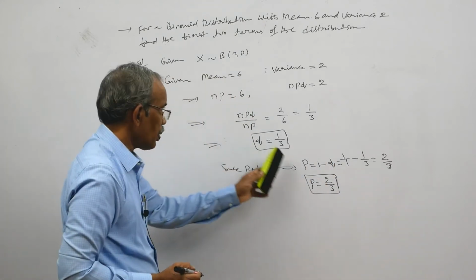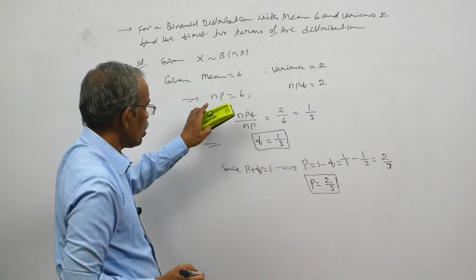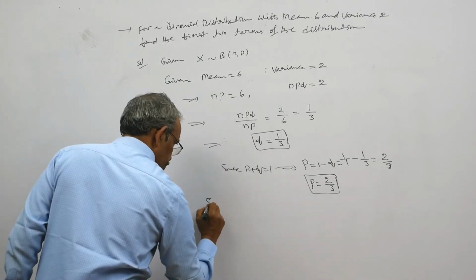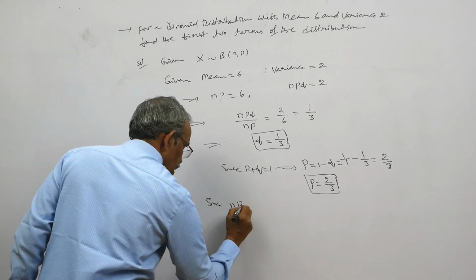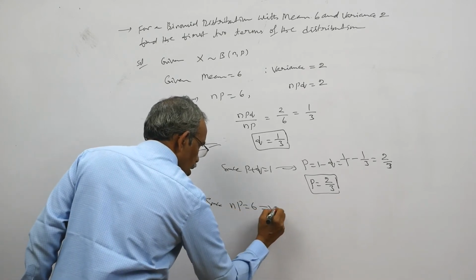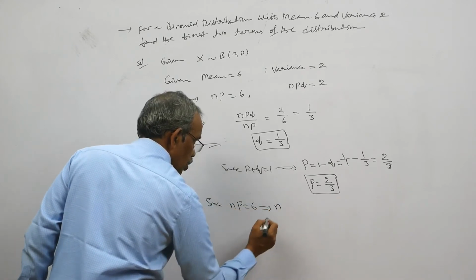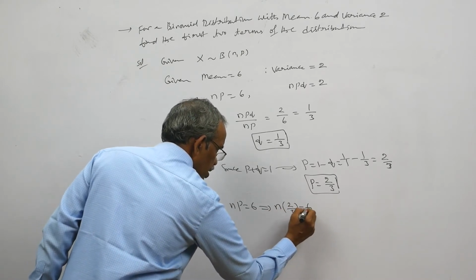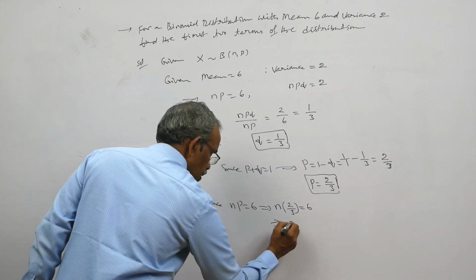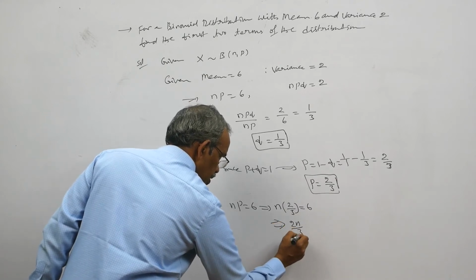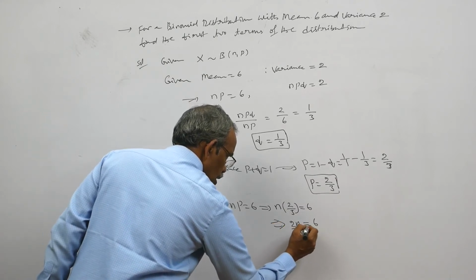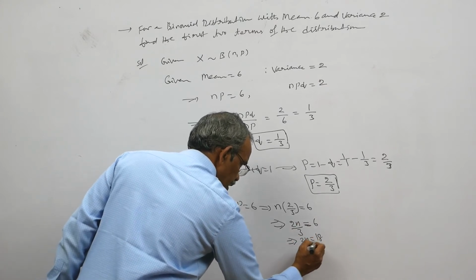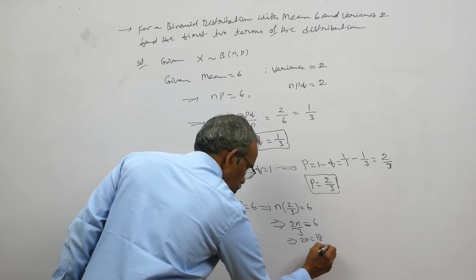After getting p and q, we have to find the value of n. To get the value of n, since np is equal to 6, with n unknown and p equal to 2 by 3, that implies 2n by 3 is equal to 6, so 2n is equal to 18, n is equal to 9.